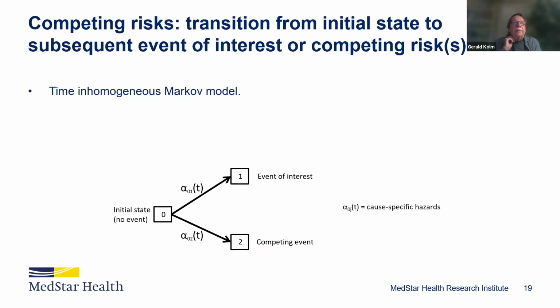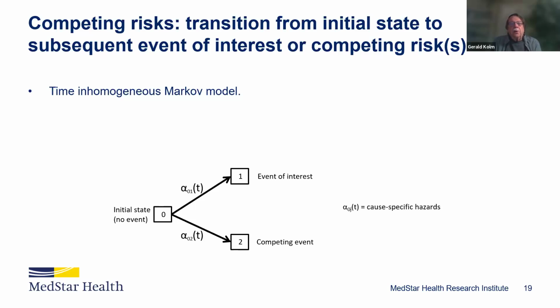So in competing risk, what we're going to look at is another way of analyzing the data called multi-state models. In the diagram here, you have the initial state where everybody starts, with no event. And then we might have the event of interest occurring or the competing event occurring.